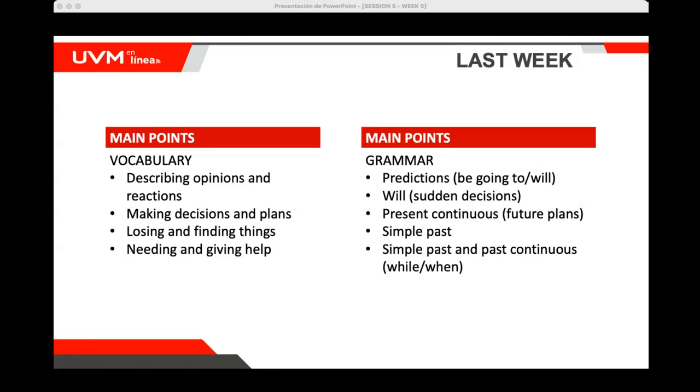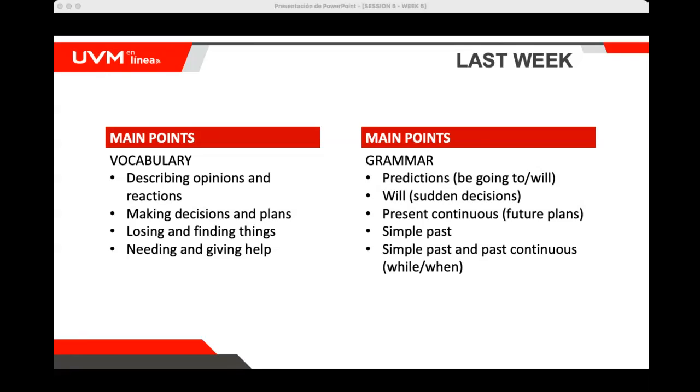Okay, unit 4, vocabulary. ED words: amused, surprised, surprising. In the second lesson you learned vocabulary for making decisions and plans, such as arrange, check, deal with, get in touch with.